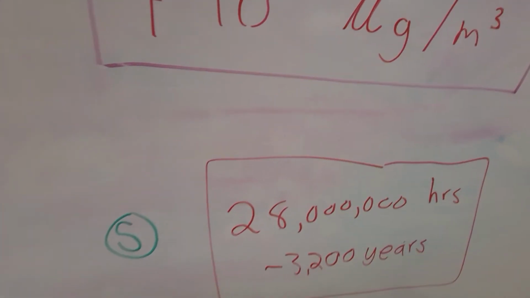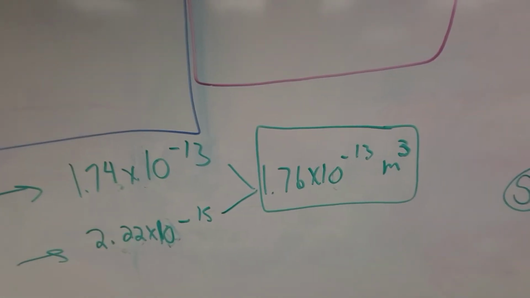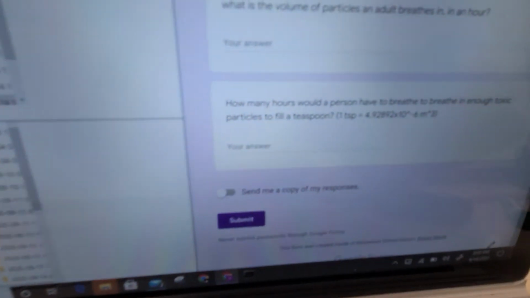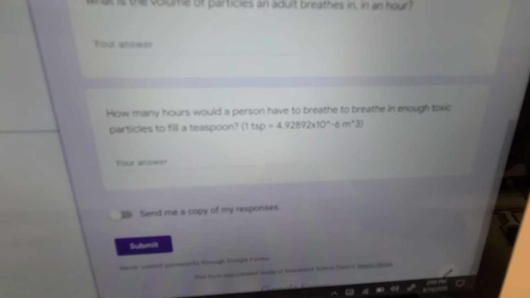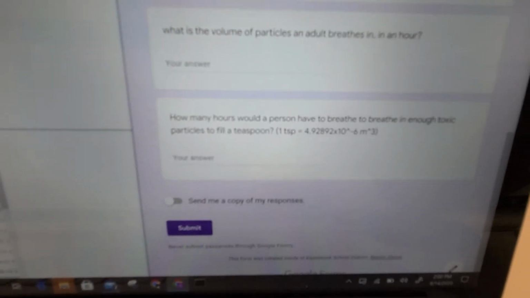What you find is it takes about 28 million hours. So what I did to find that is I took the volume of a teaspoon in cubic meters, 4.92892, that's probably a little too far to go, times 10 to the negative 6 meters.